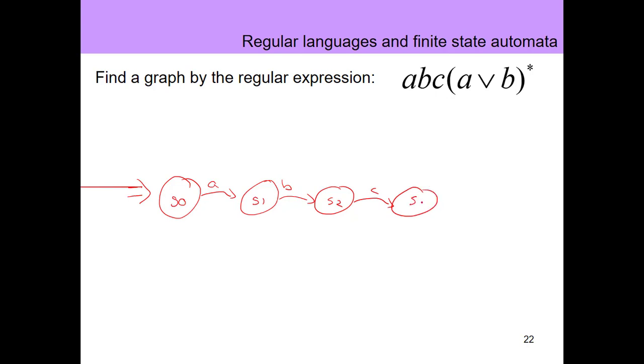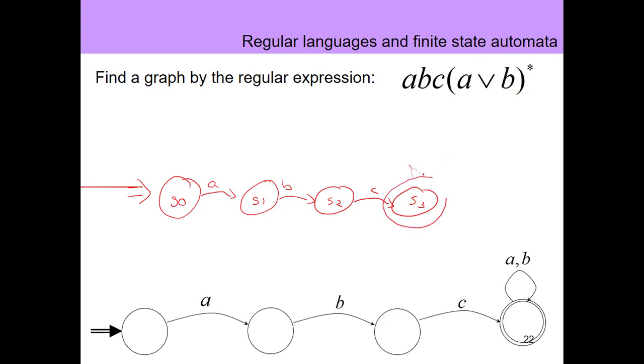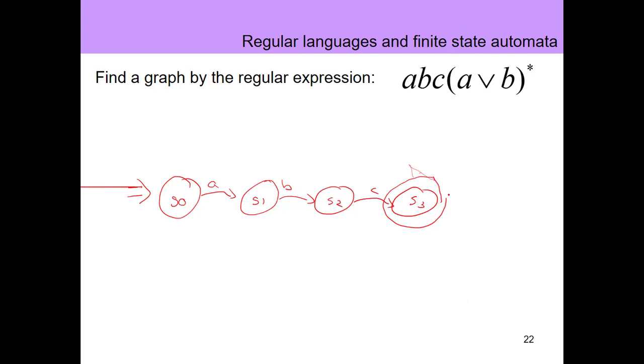And as you see, what follows now is again with a star. So this S3 is my first possibility to end the word. And then of course I can take A or B as often as I like. So in this end state, I can take A or B, remember that's a comma separator, as often as I like.